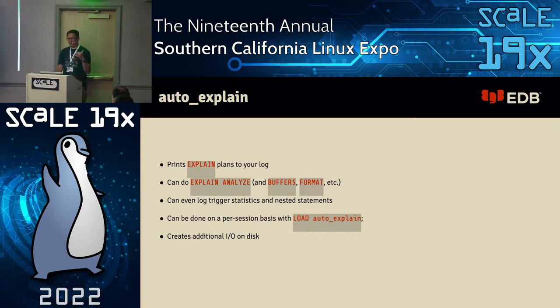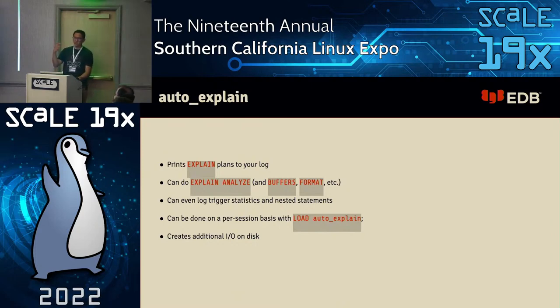What it does is print explain and explain analyze to your log file. So if you turn it on and then run your script, it'll print out all the explain analyze output based on the settings that you set.